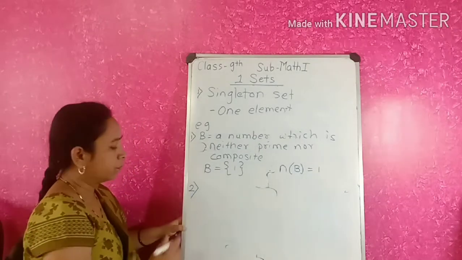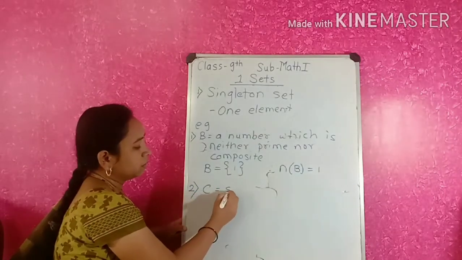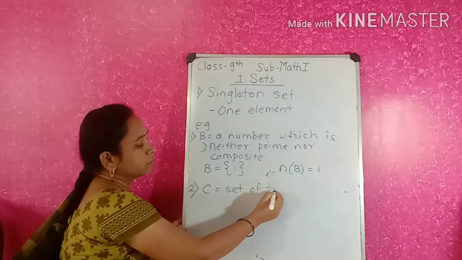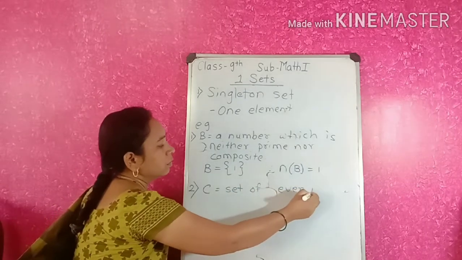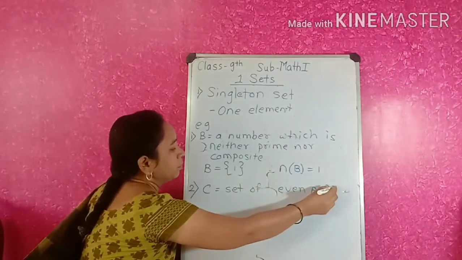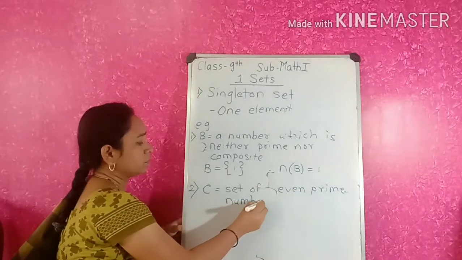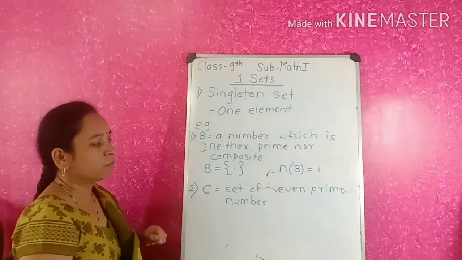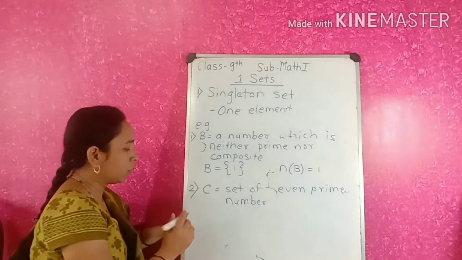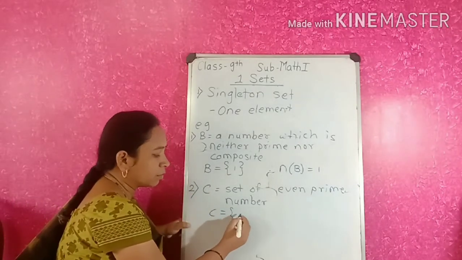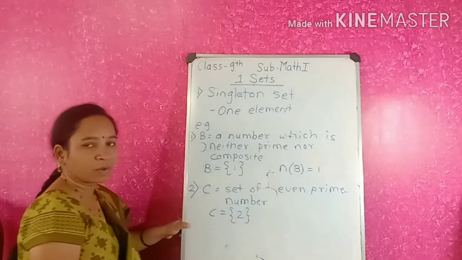Second example, C is a set of even prime number. Now C set has the even prime number, and you know that the even prime number means only 2. So how many elements have you got?